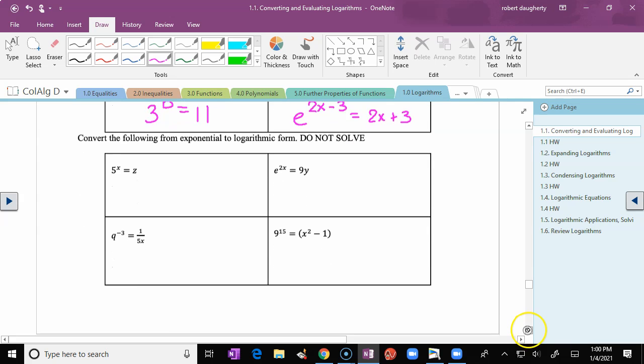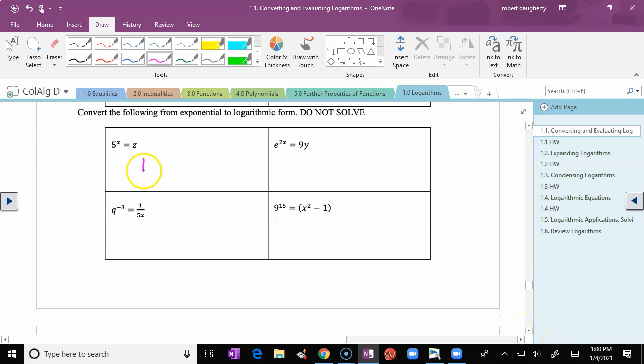Write these in logarithm form. Log base 5, the exponent is x. Here, the base is e, so log base e. The exponent is 2x. The other way of writing this is natural log of 9y equal 2x. In this case, the base is q.